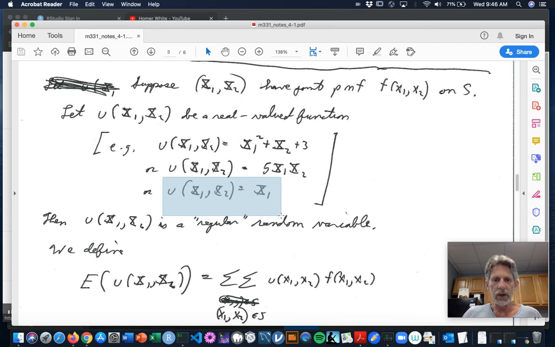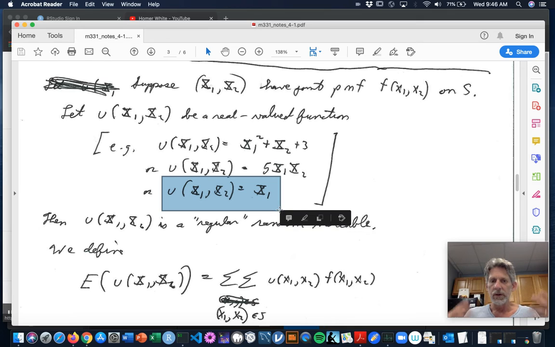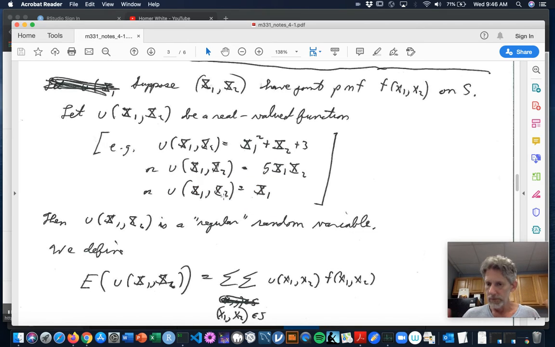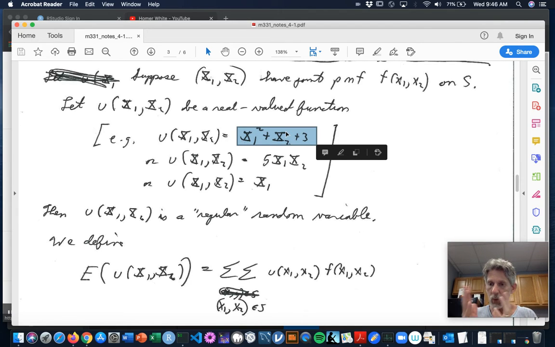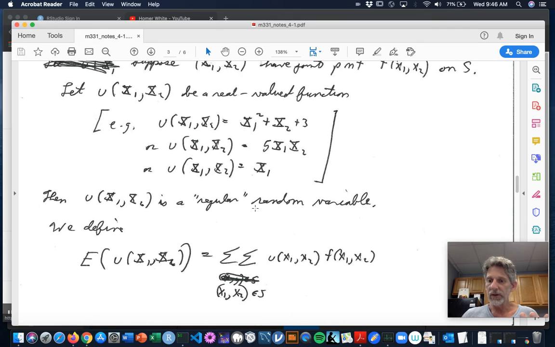If your function was just given x1, x2, return x1, then that would be your u. In any case, what comes out here is a number. It's not an ordered pair anymore, it's a number. And so it's a number that depends on chance, because x1 and x2 depend on chance.